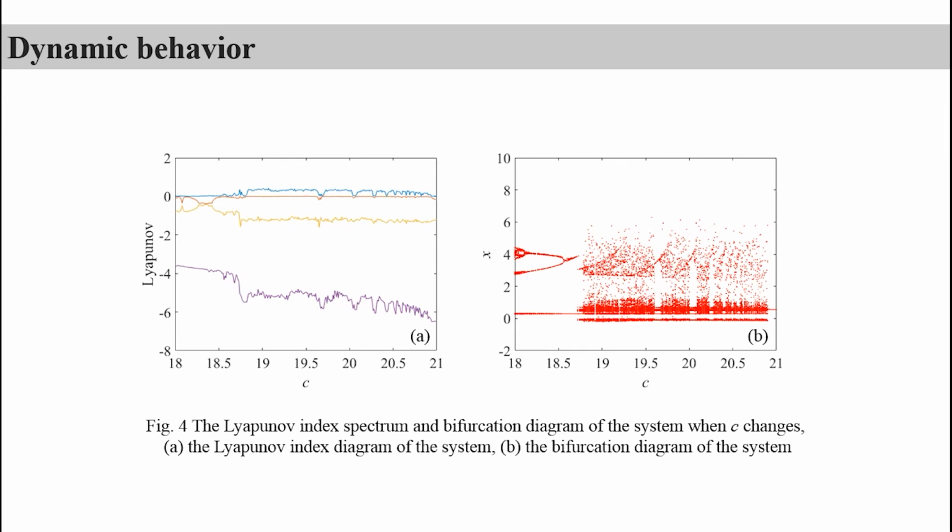When C is this, the system begins to show a reverse period-doubling bifurcation. At this time, the Lyapunov exponent is this, and the system gradually enters a new chaotic state. The 0-1 test chart when the system enters chaos and the periodic state for the first time is shown in Figure 5.